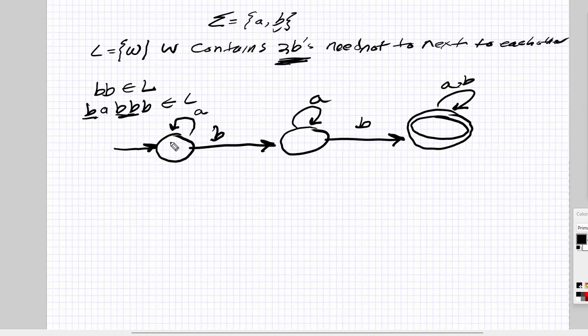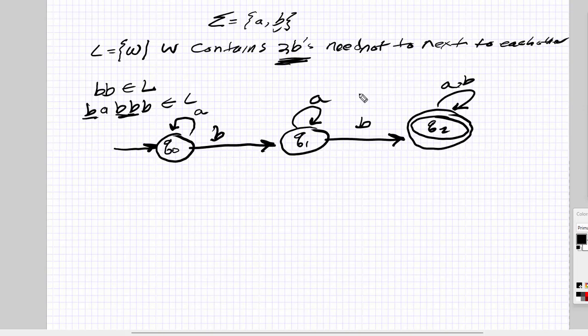You can also give them symbols. The book uses Q1 and Q naught. Let's say this is Q naught, this is Q1, and this is Q2, so Q2 is the final state.